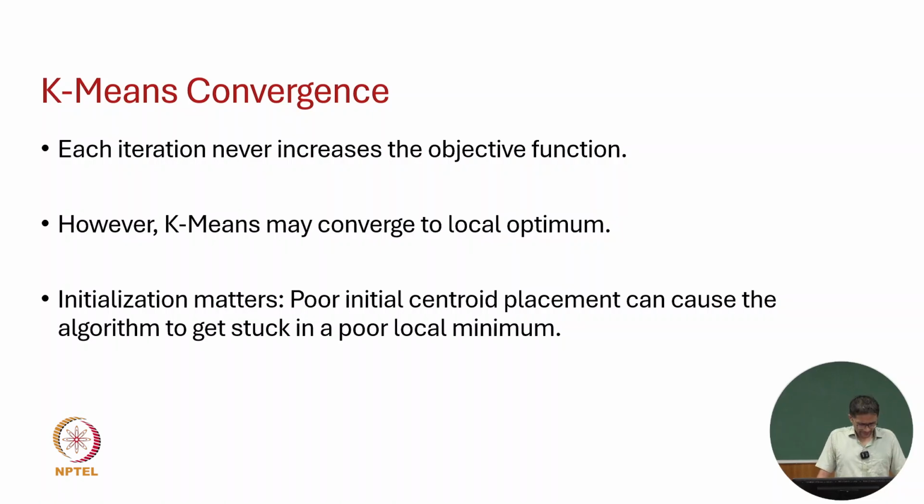Another very important aspect to keep in mind is that each iteration never increases the objective function. However, k-means can indeed converge to a local optimum. For this reason, initialization matters a lot in k-means. Poor initial centroid placement can cause the algorithm to get stuck in a poor local minimum.